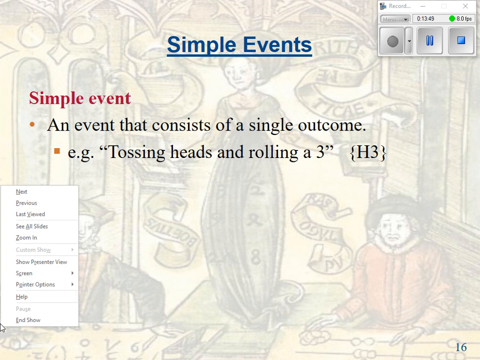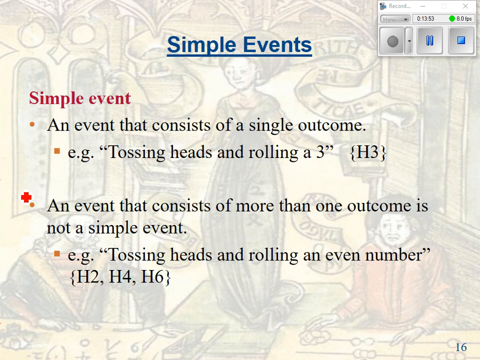A simple event is an event that consists of a single outcome. An event that consists of more than one outcome is not a simple event. So if we tossed it and said we want a head and a 1, that's a simple event, because there was only one way to get a head and a 1.